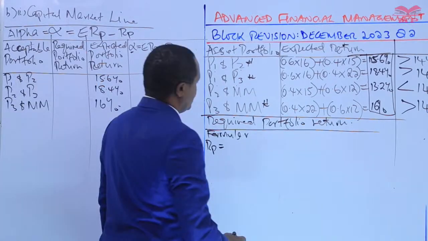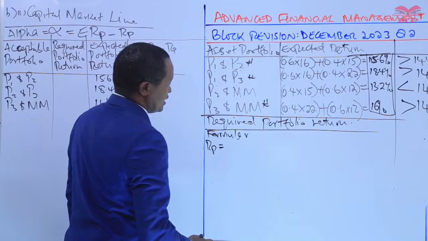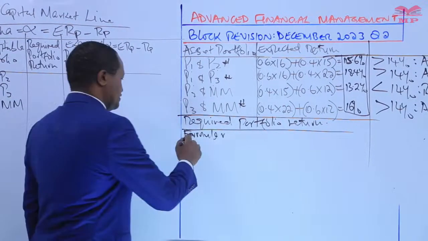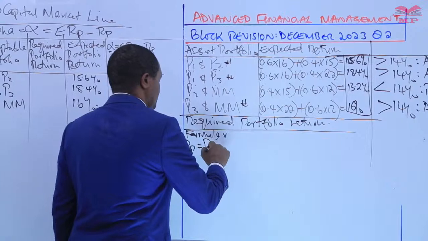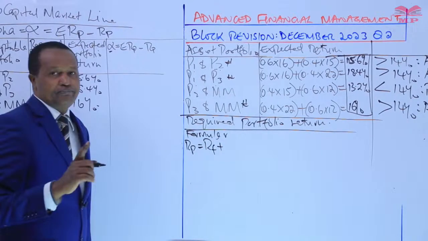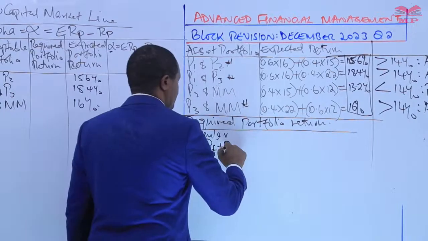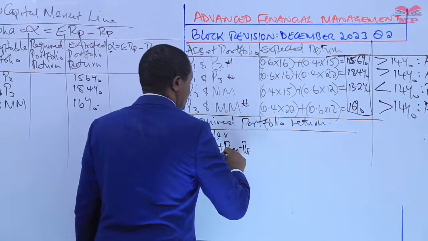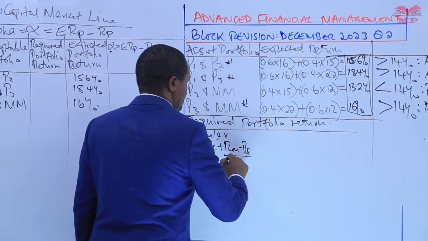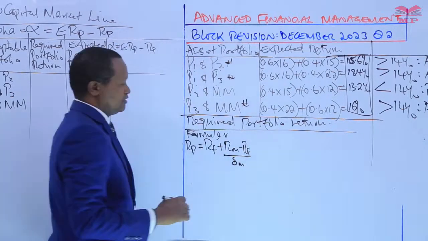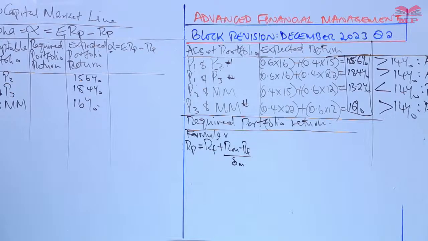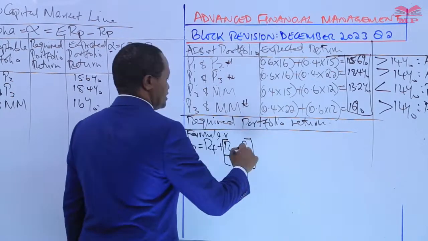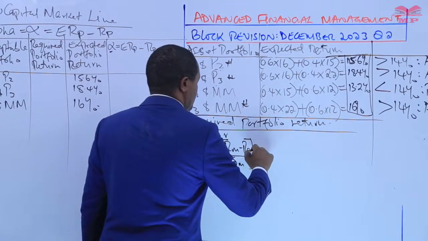So the formula for required rate of return, candidates, is determined by adding the risk-free rate plus the premium, this is the premium, we divide by the standard deviation for the market, then we multiply this by the standard deviation for the portfolio.